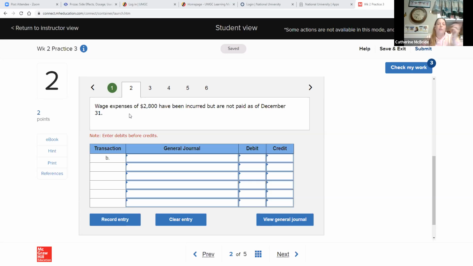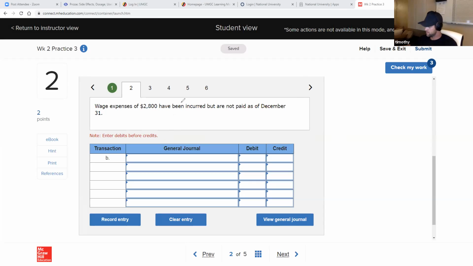Okay. Wages expense of $2,800 have been incurred but are not paid as of December 31st. So what two accounts are affected? Wages expense and wages payable.